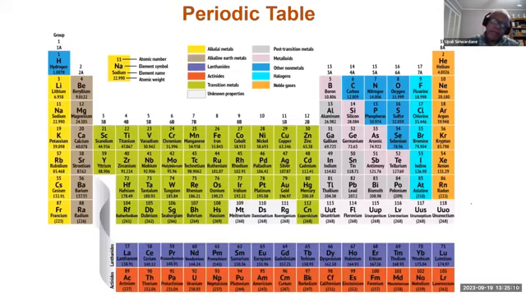Now we look into the periodic table. I am marking the main groups 1A, 2A. For example, when they lose, 1A elements lose 1 electron and make a positive 1. 2A make positive 2.